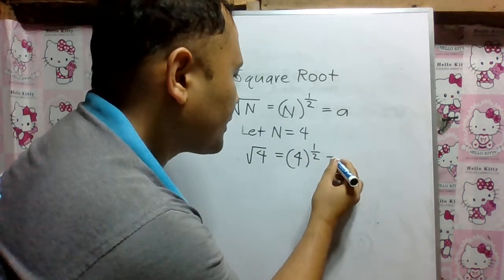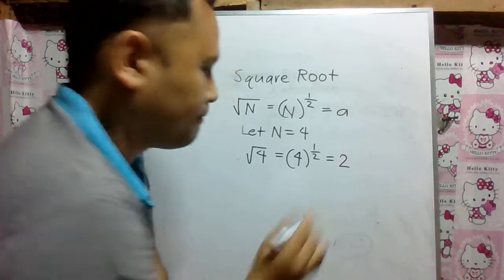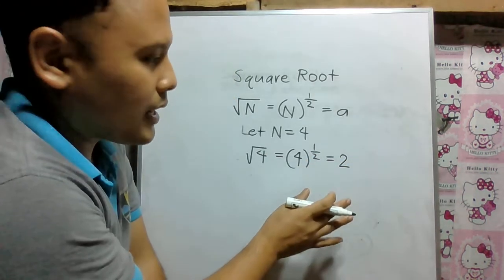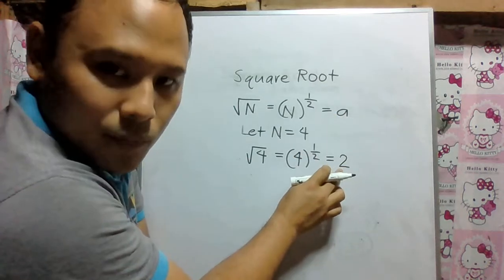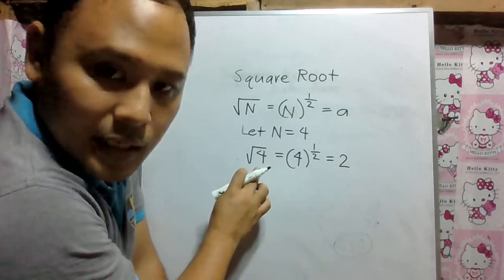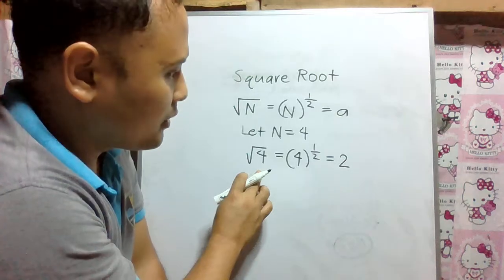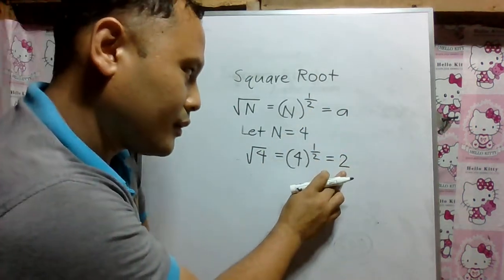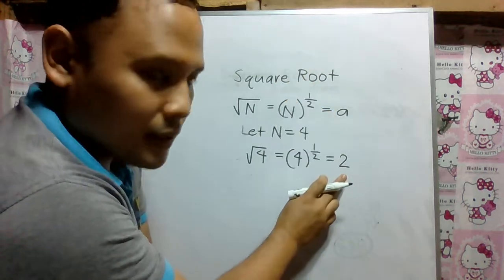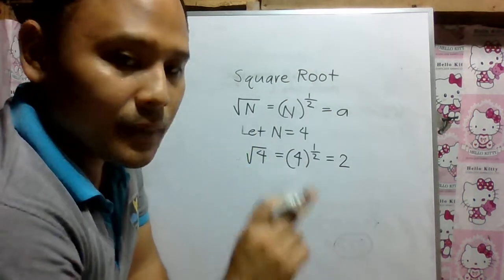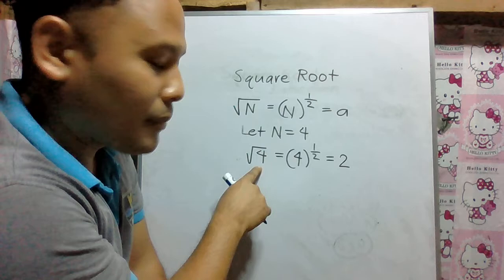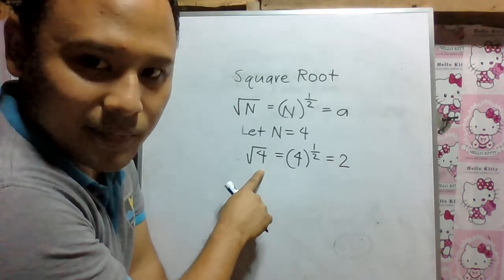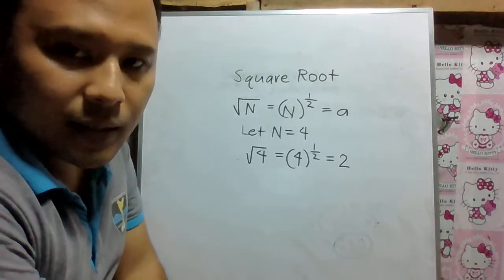So the answer is 2. So you can say that the value of our a here is 2. The value of our n is 4. Okay? So why do we say that 2 is the square root of 4? Because 2 is a certain number that you should multiply twice by itself to get the number n, which is number 4, according to our specific example.